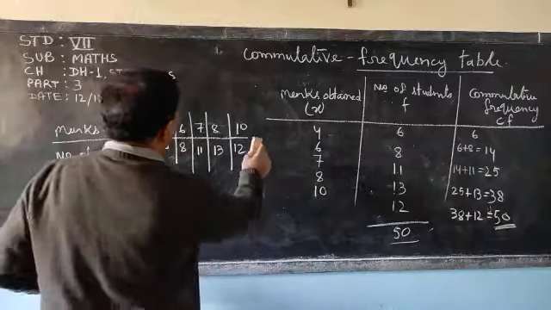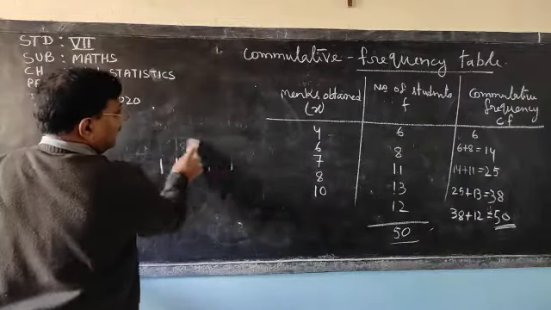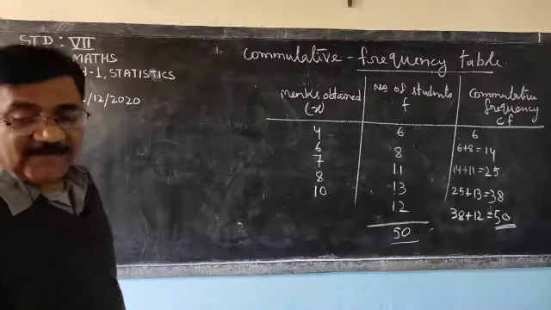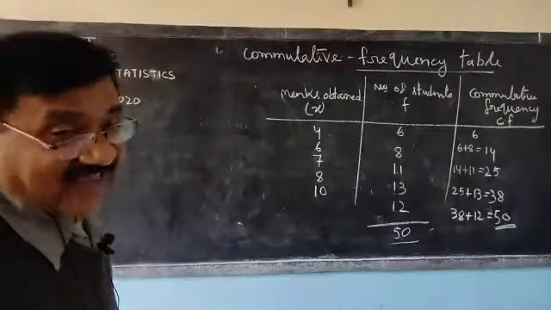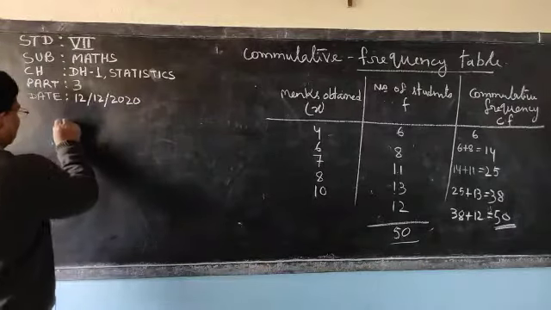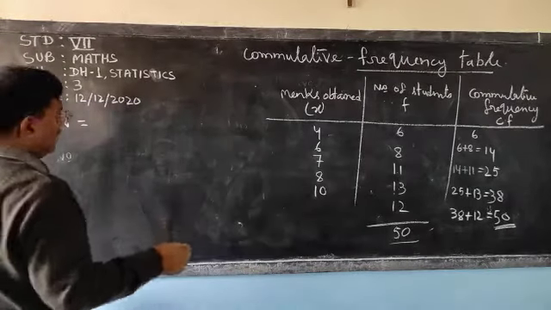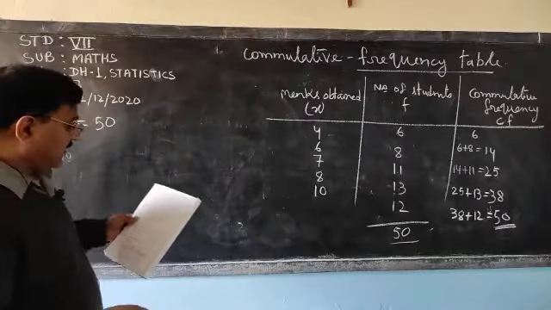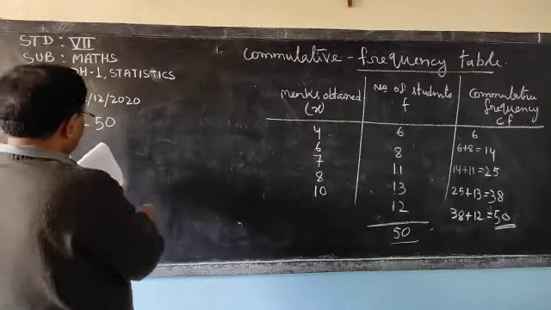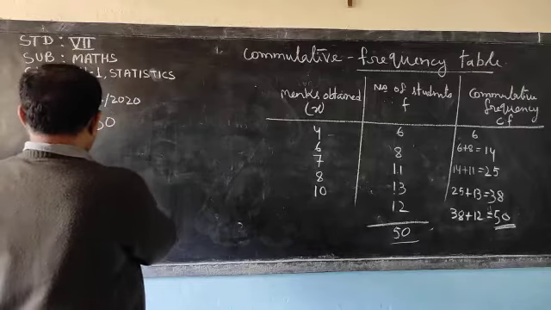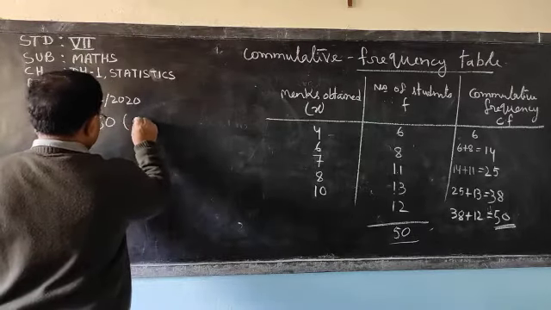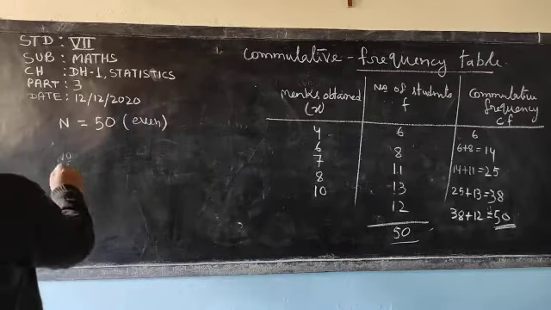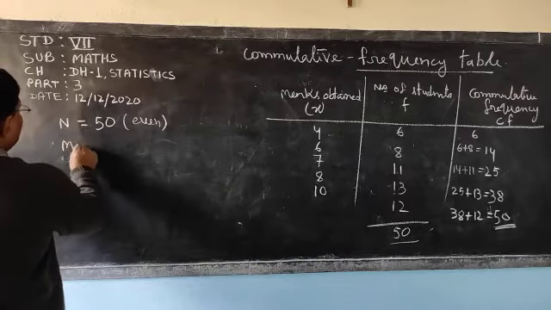Here in cumulative frequency, don't use a small n for the number of observations, use capital N. So the number of observations is 50, and 50 is odd or even? 50 is even. So same case, median will be what?